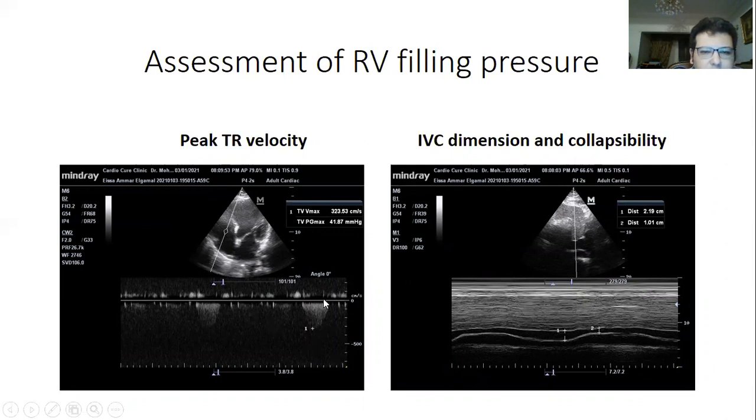The peak tricuspid regurgitation velocity is 3.3 meters per second, and the peak tricuspid regurgitation gradient is 41 millimeters of mercury. The IVC is borderline dilated or upper normal at 2.2 centimeters, but it collapses more than 50%, denoting proper or normal right atrial filling pressure.